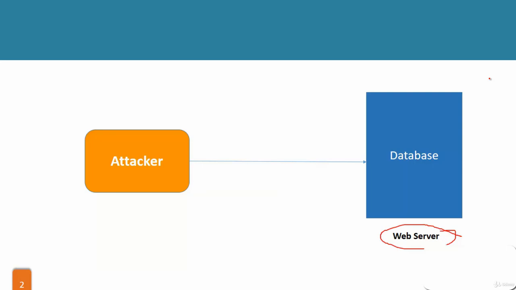I want to send some malicious content to the database, and if the database is not aware that this is malicious content, it will send me the information I want as an attacker, right? All the content of the database, everything stored in it: mobile numbers, fax numbers, email IDs, addresses, customer names, customer email IDs, everything I need from the database. That we are going to do in this section.